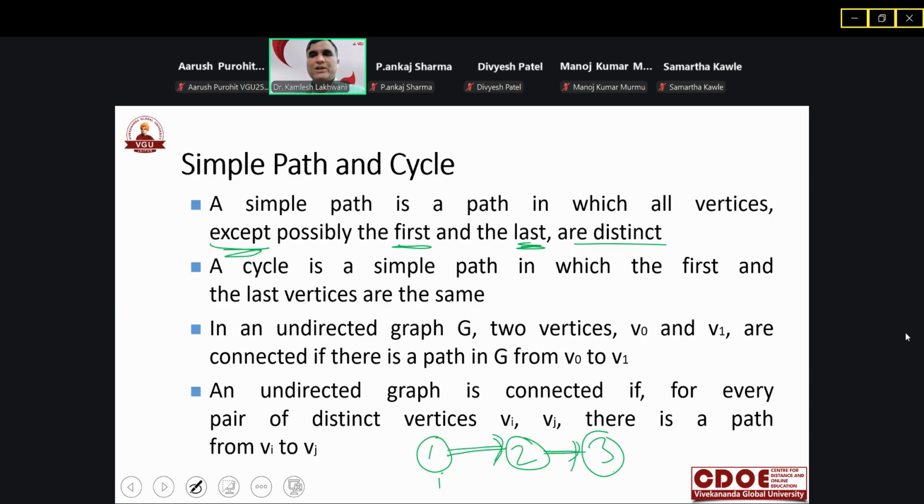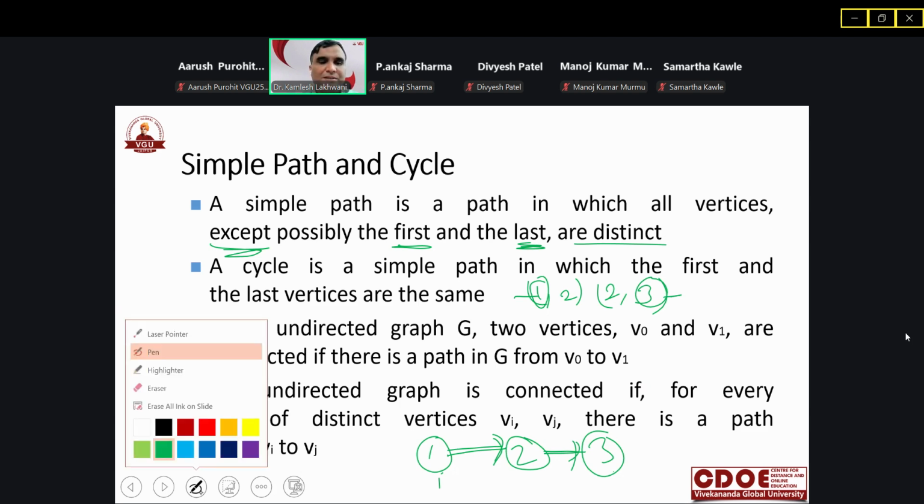You can write like that, 1, 2 and 2, 3. So this is the path through which I can reach from 1 to 3. So starting node and ending node are distinct. So this kind of path is called simple path.